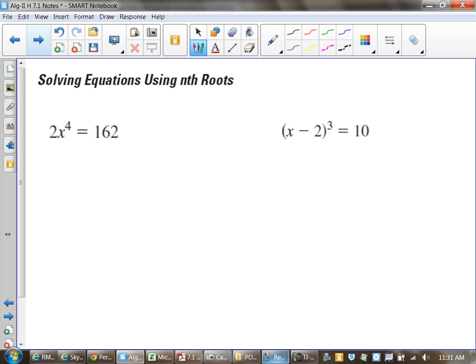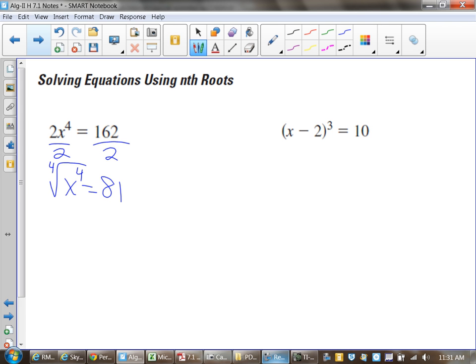Divide by 2. Good. So if I divide by 2, I get x to the 4th is 81. How do you undo the 4th power? You 4th root it. Okay?